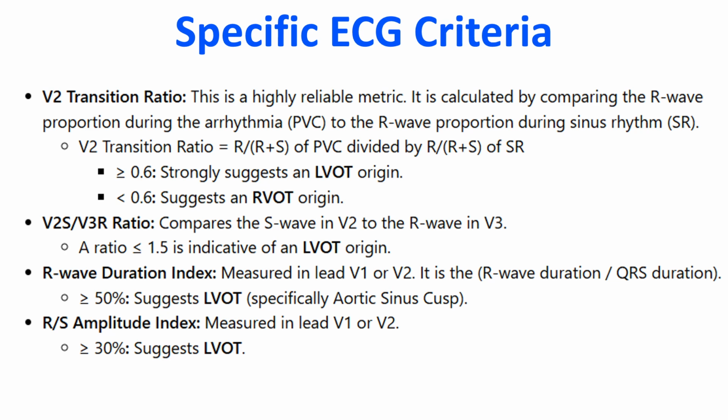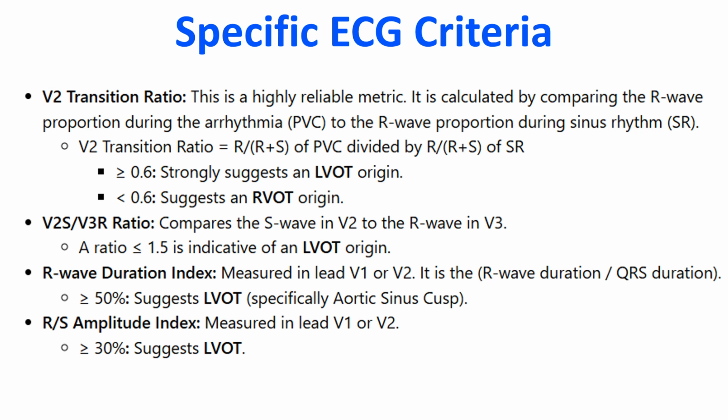R wave duration index, measured in lead V1 or V2. It is the R wave duration divided by QRS duration, showing how much of initial activation is there. If the ratio is more than or equal to 50%, it suggests LVOT VT, specifically aortic sinus cusp.